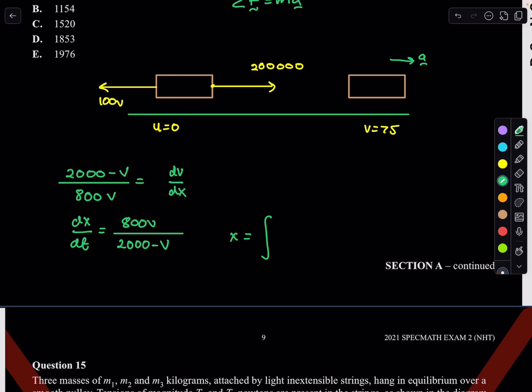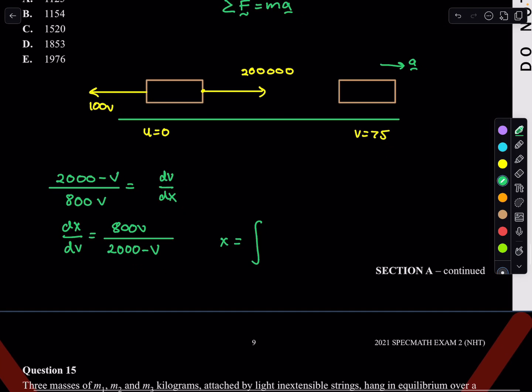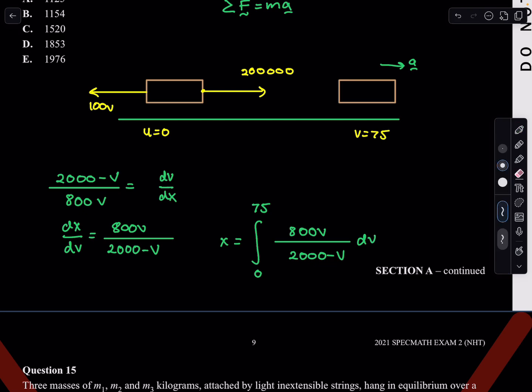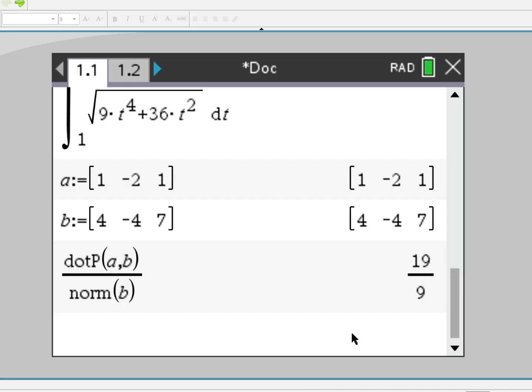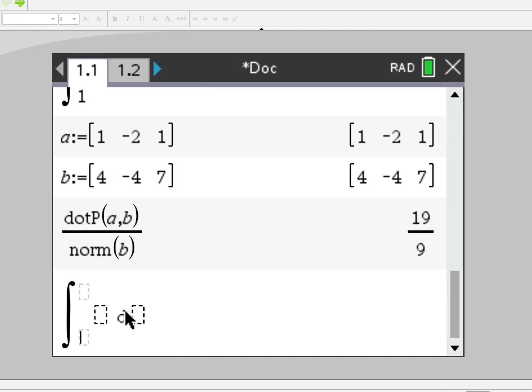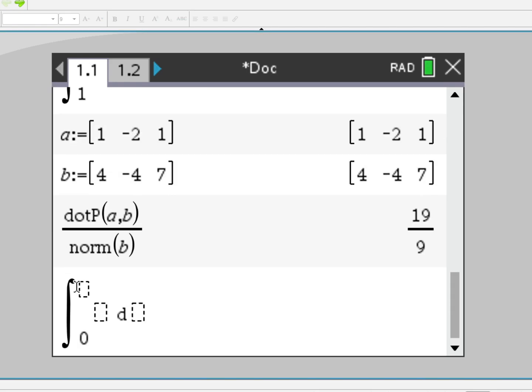Now I can anti-differentiate this and I should get the distance. This is supposed to be velocity here, so dv. Our velocity goes from 0 to 75. So the integral from 0 to 75 of 800v over 2,000 minus v dv. Simplifying this should give our answer, so let's do that in our CAS.